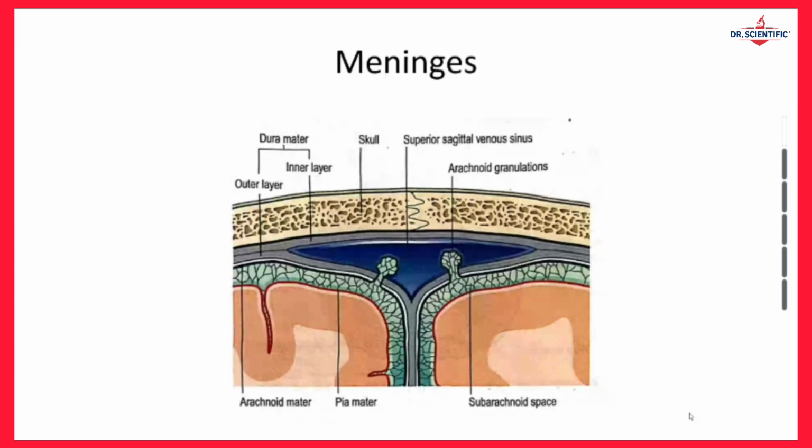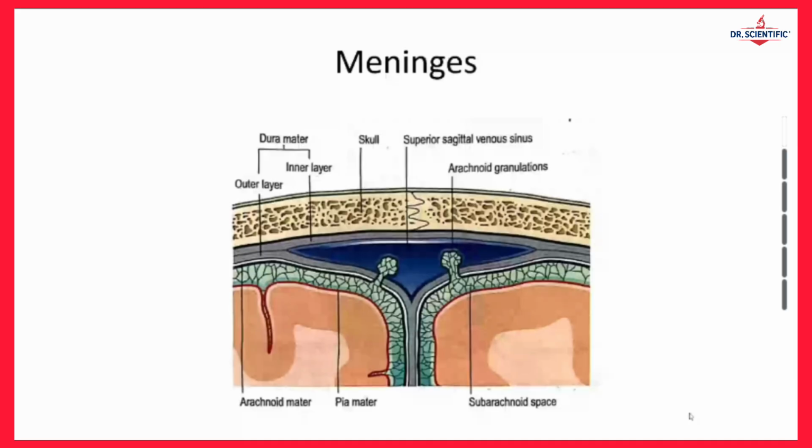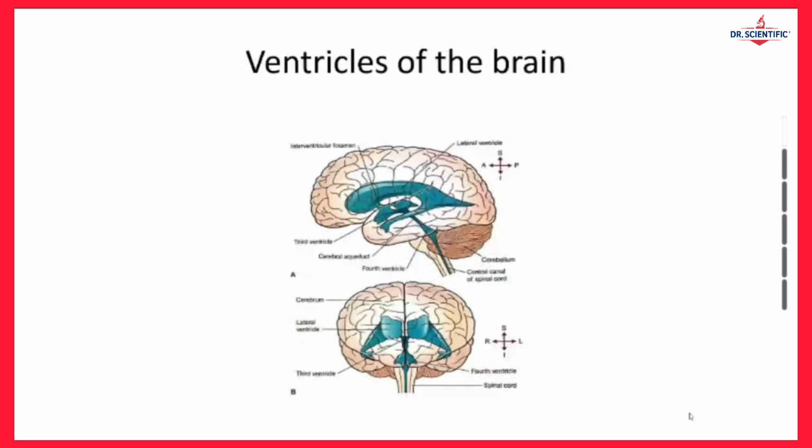That is how eventually the CSF is drained. So in situations like meningitis, these arachnoid granulations can get scarred, fibrosed and blocked, so that the CSF doesn't flow into the veins. And so you end up with increased intracranial pressure in an adult. If it was in a child, then you end up developing hydrocephalus.